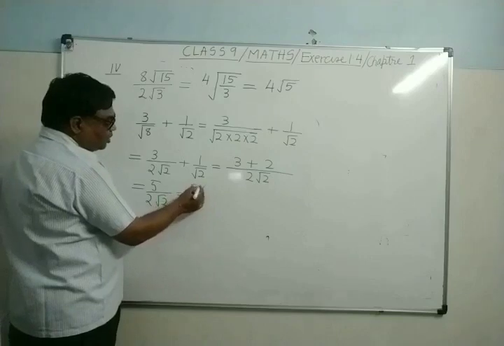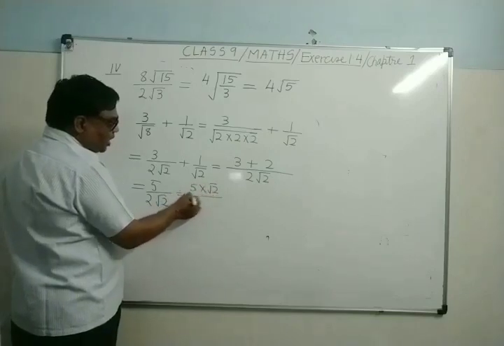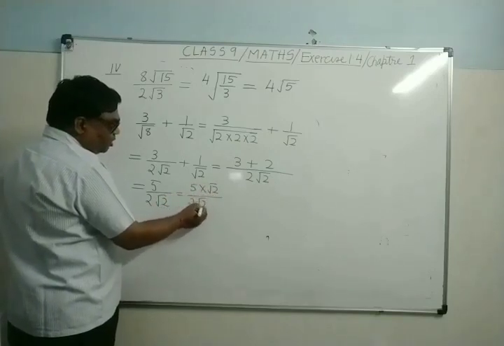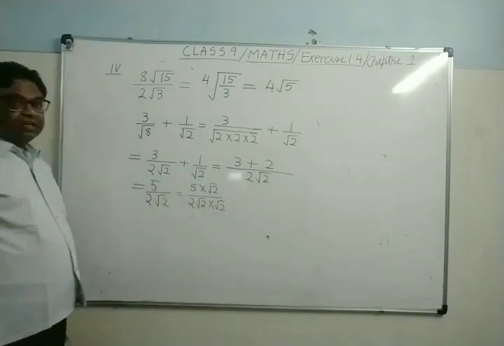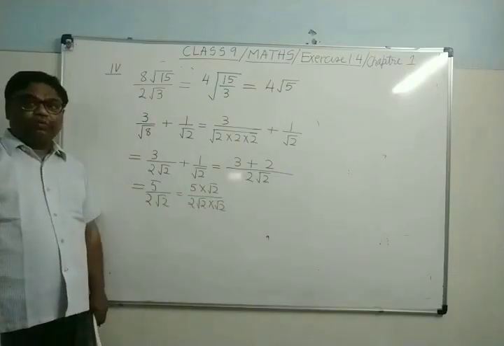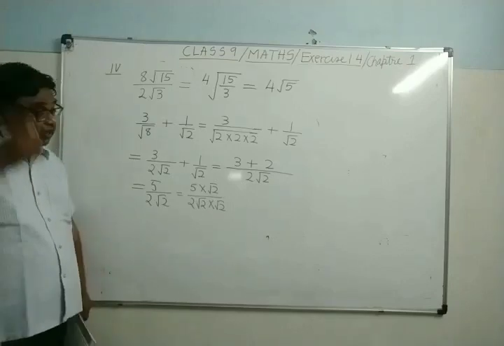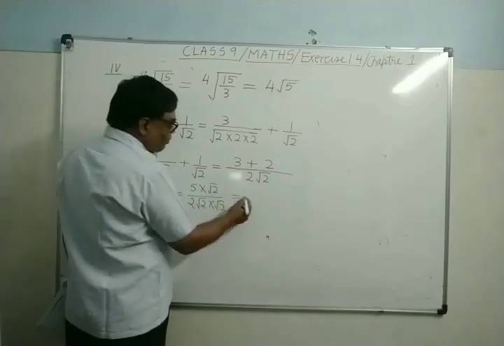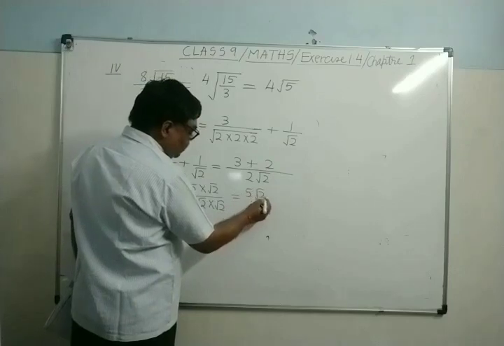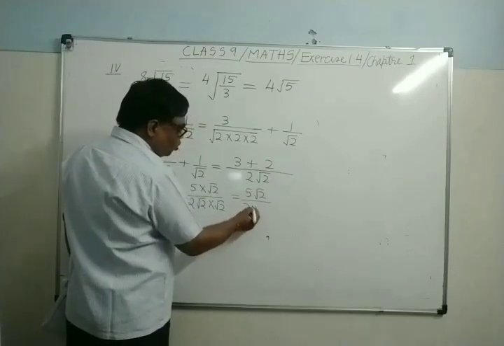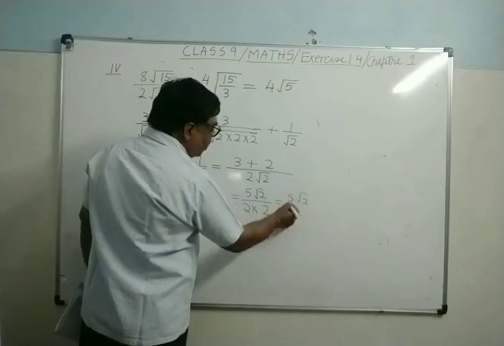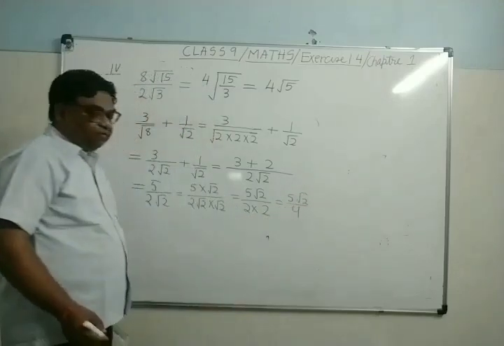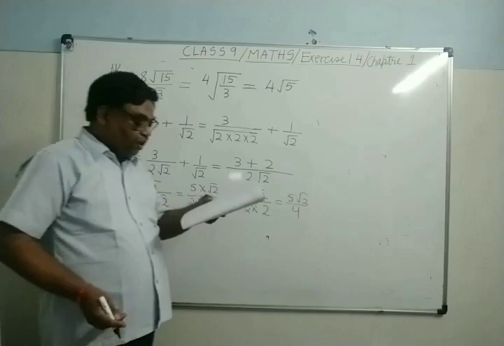Now you multiply in numerator as well as in denominator by root 2, in order to make the denominator rational. So it is 5 root 2 divided by 2, root 2 into root 2, 2. So it is 5 root 2 upon 4.